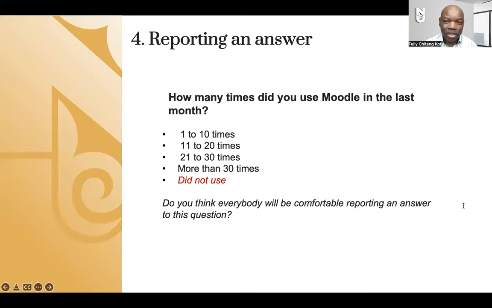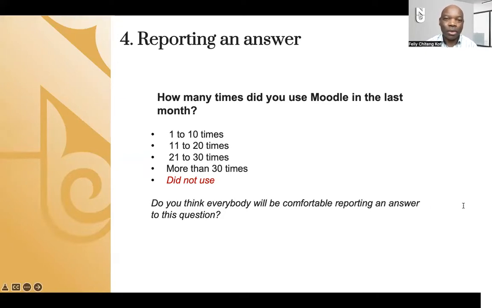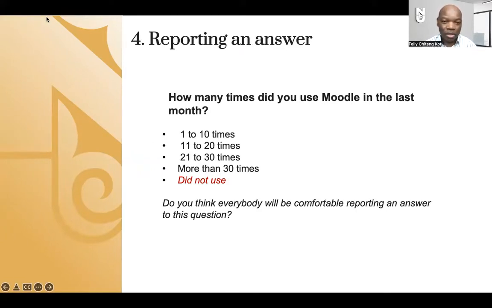So you always need to think about that category of participants who might not necessarily have used these resources, which is the reason why Banu added this extra response category, did not use, because there's always a chance that you'll have respondents who actually did not use Moodle. So you don't want to exclude them and build the response categories based on specific assumptions. So be wary of assumptions when you develop survey questions, but also response categories.